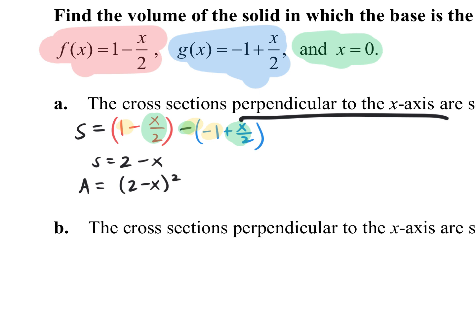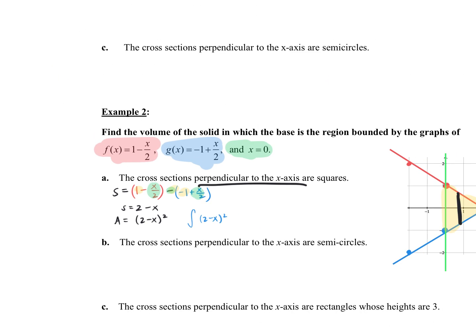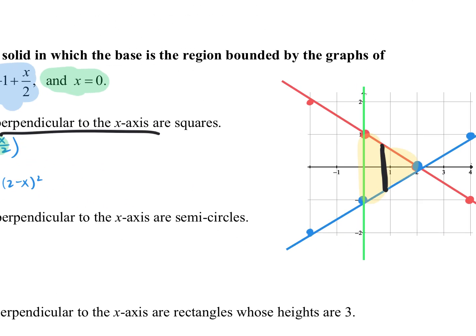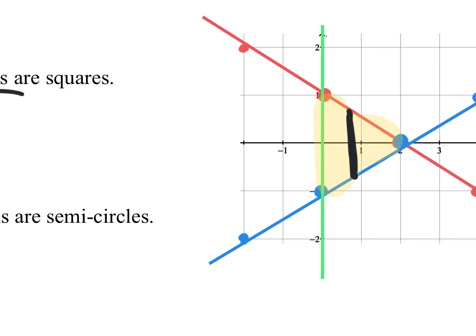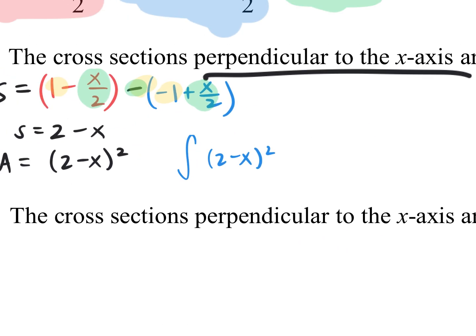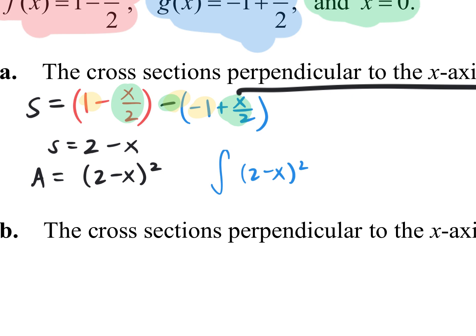That's the area of just one square. But if I'm finding the volume of my cross sections here, I am going to integrate my area formula. We got to check, what are my bounds going to be? Where am I going from and going to? 0 to 2. So I go from 0 to 2. Should have a dx there.